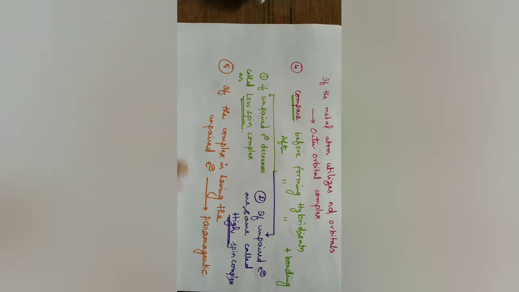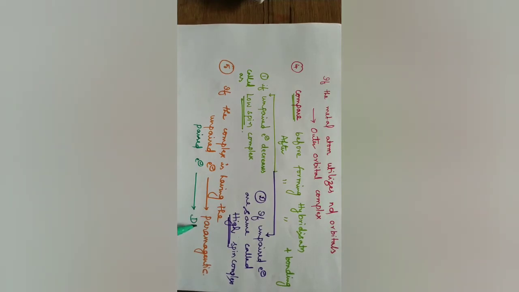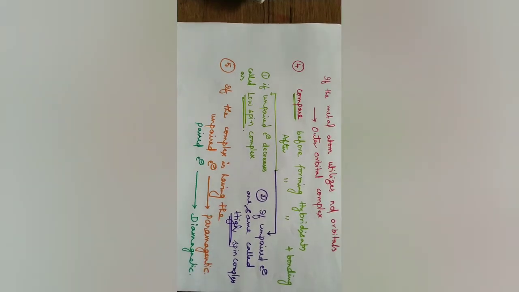If the complex has paired electrons, you call it diamagnetic. Unpaired means the electrons are not paired. If the electrons are paired, you call it diamagnetic.